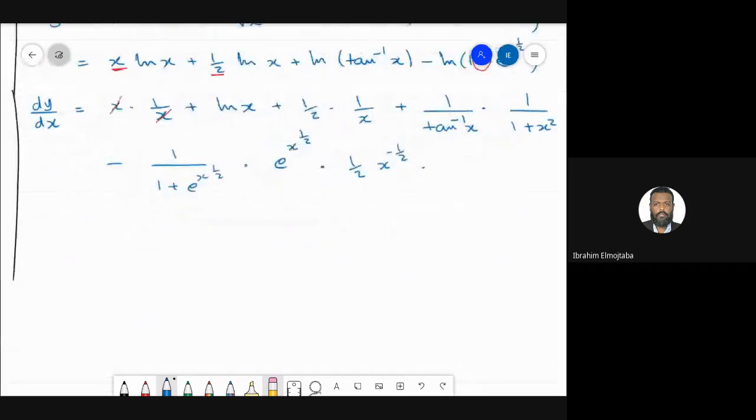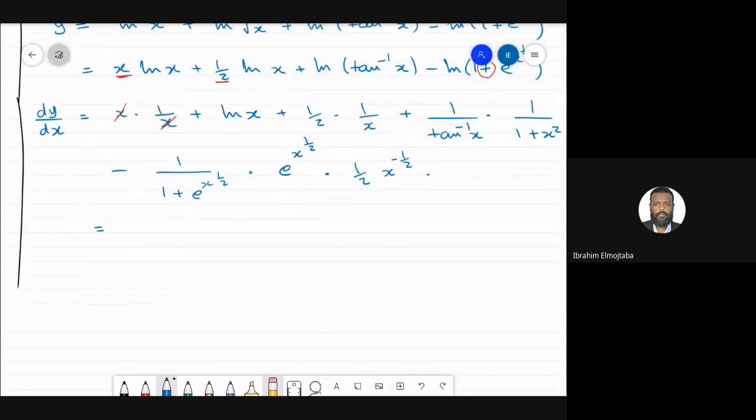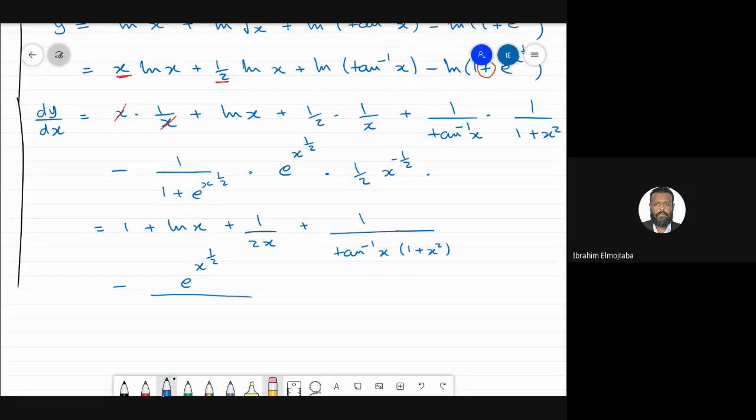We can write it as equal 1 plus ln x plus 1 over 2x plus 1 over tan inverse x في 1 plus x square minus الحد الأخير e to the power x power half في البسط، بقية الحدود في المقام اللي هو 2 بعدين جذر x بعدين 1 plus e to the power x power half. هذا من أبسط التبسيطات، يعني ما ممكن نبسط أكثر من كده.